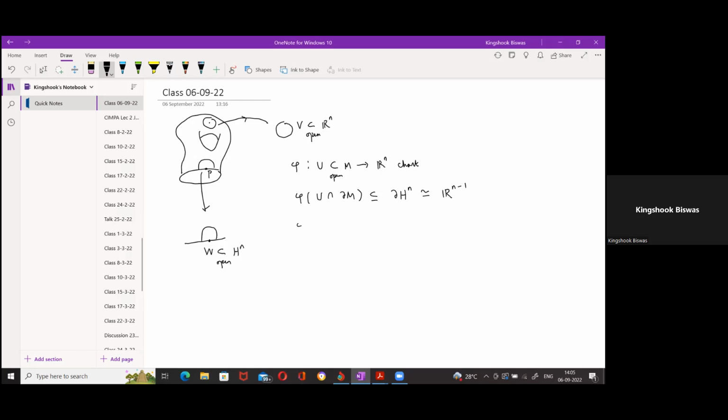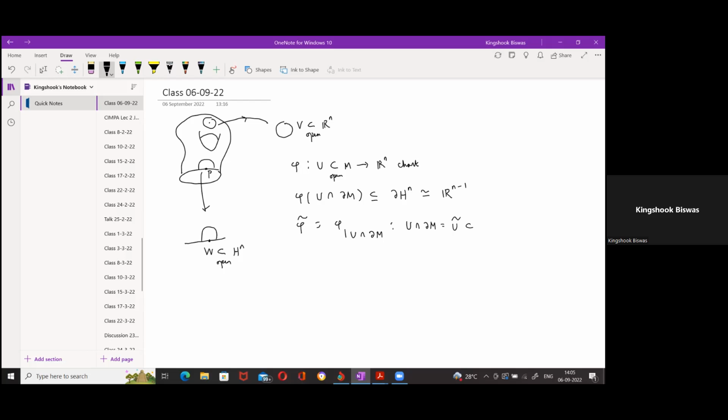So if you put phi tilde to be phi restricted to U intersect boundary M, then this will go from U intersect boundary M. So let me call this U tilde.